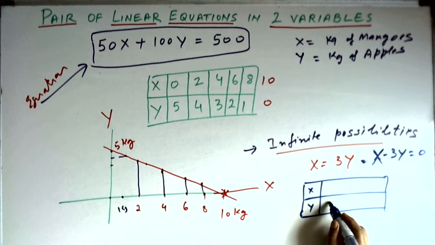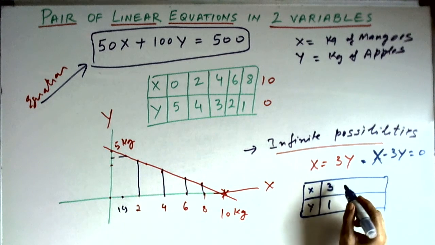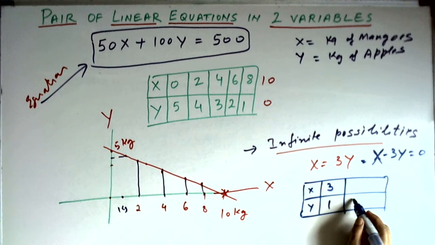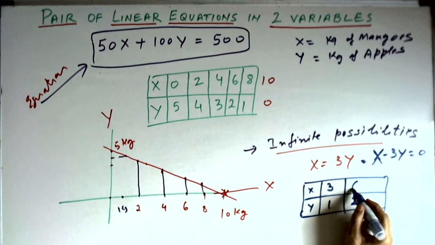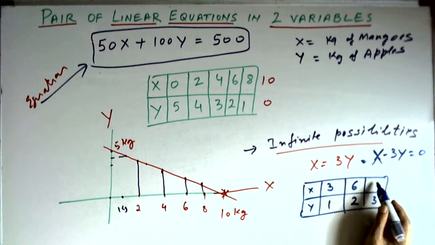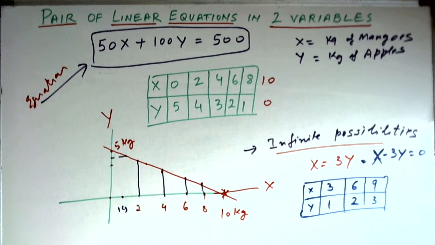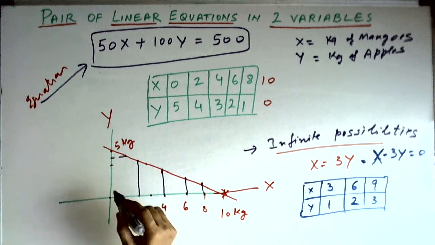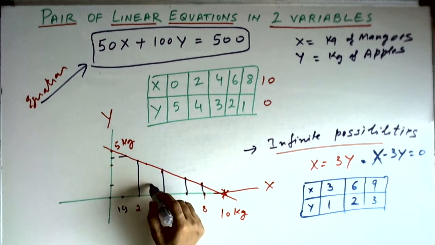So when y is equal to 1, x is equal to 3. And when y is equal to 2, x is equal to 6. And when y is equal to 3, x is equal to 9. So what do we do now? We draw this. When x is equal to 3, then y is 1.